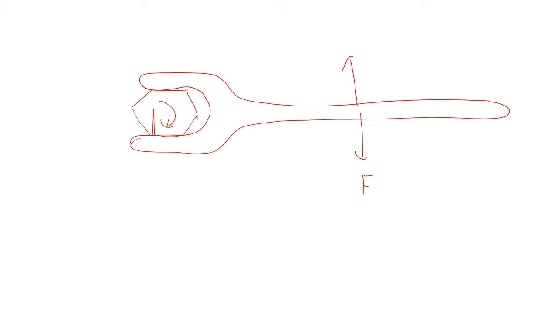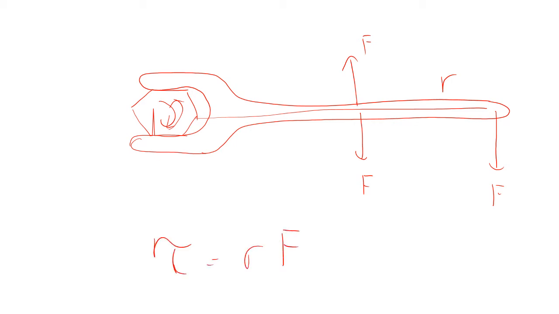If you exert the force in the other direction, it exerts a torque in the other direction. So we can have a clockwise or a counterclockwise torque. But what this is telling you is, if you pull at a greater distance here, you're going to have a bigger torque. In other words, the bigger the R is, the bigger the torque is going to be.